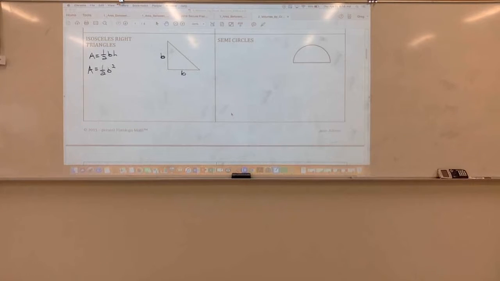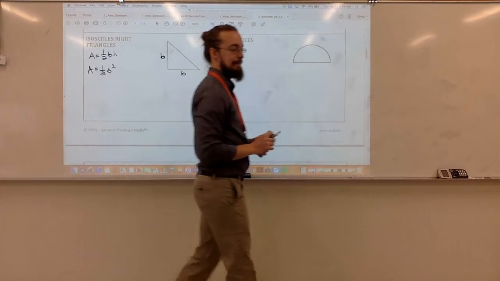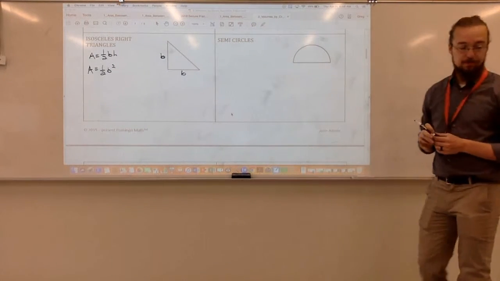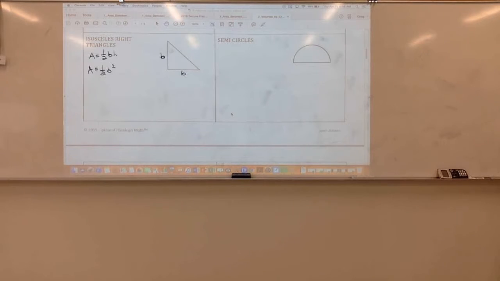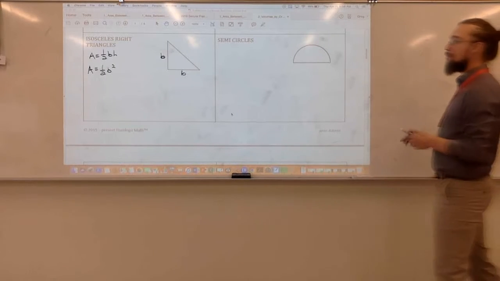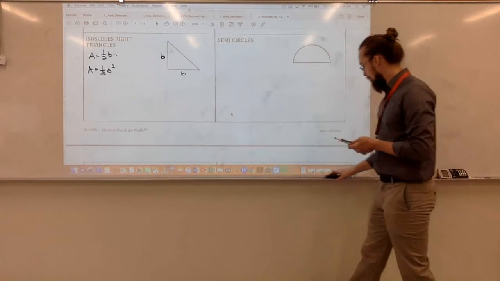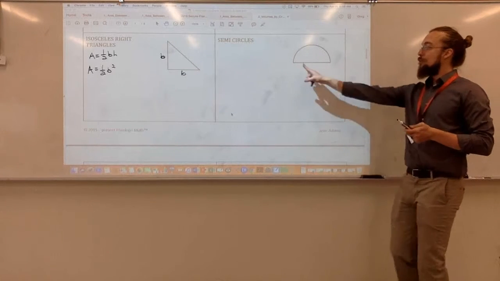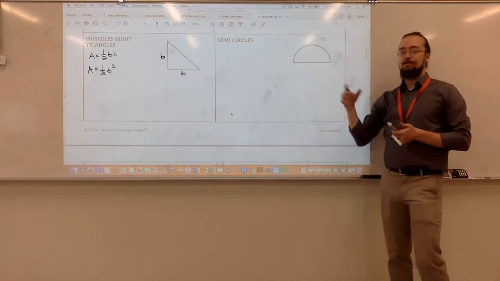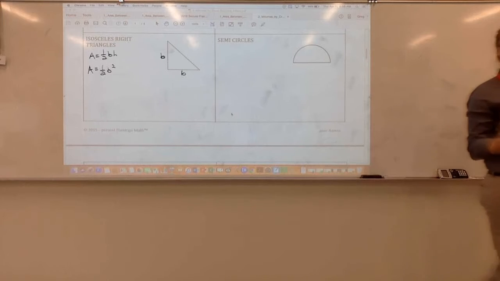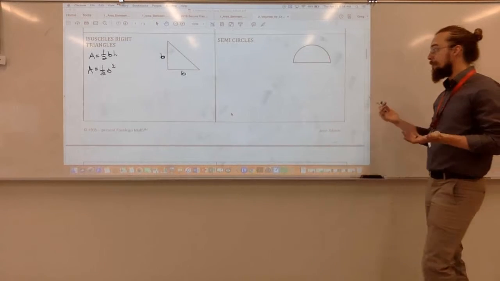All right, and then finally, a semicircle. 1/2 pi r squared. Now, for this type of problem, we'll generally be given the diameter, or the base, right?